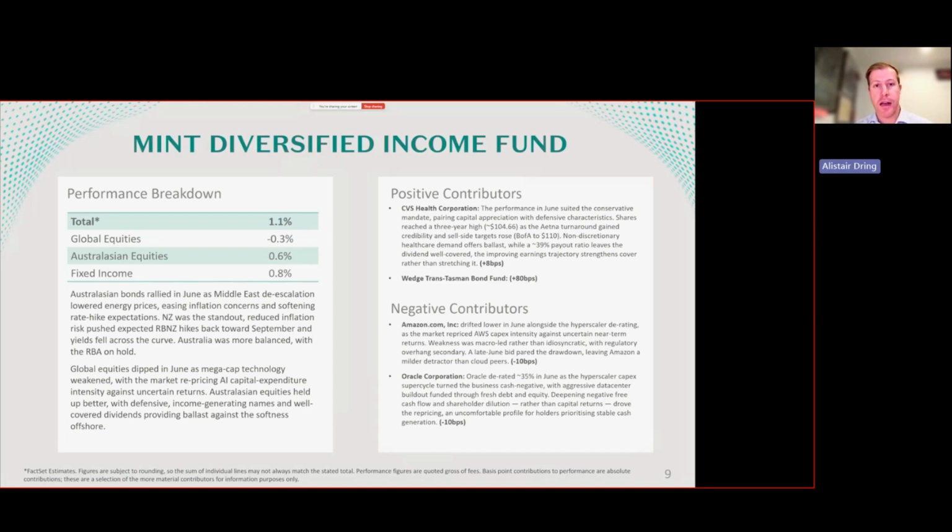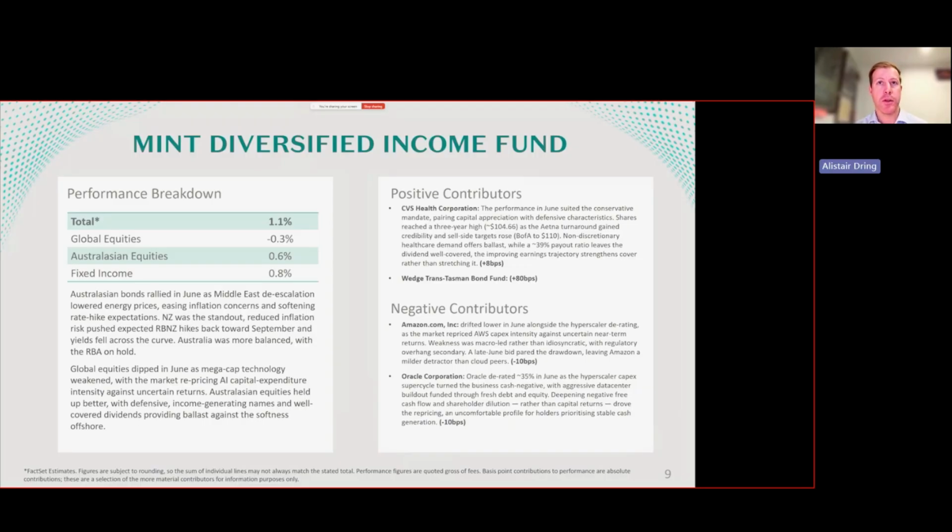They have a few higher yielding hybrid names, more credit orientated names, but they've been reducing some of that exposure just given the fragility in the market at the moment. But those have all contributed quite positively, as well as the short rates coming down, as we discussed earlier, which would have been buoyant for fixed income.